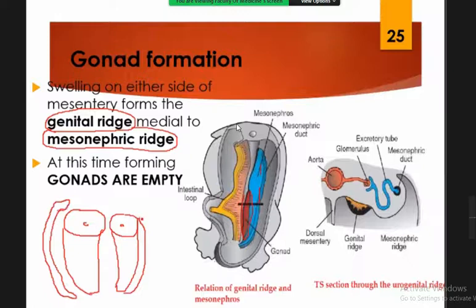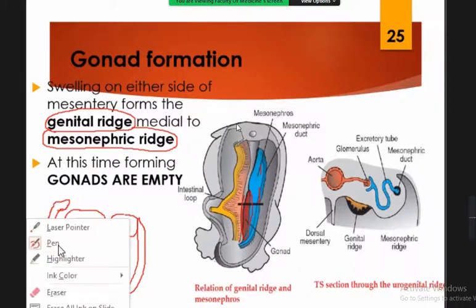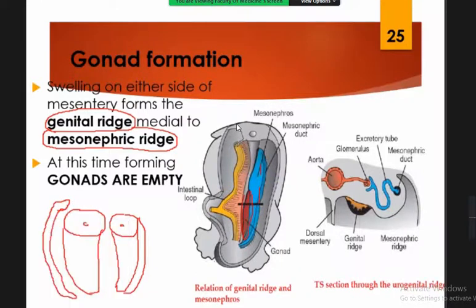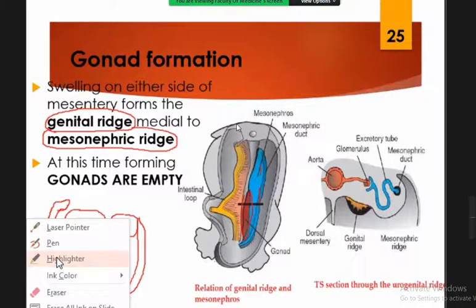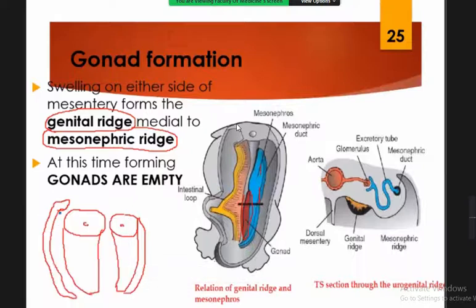Actually, the duct lies lateral to, yes, sorry, this is taking a bit of time, but I want to draw this because someone yesterday was asking about this. So, medial to this duct, there is another duct here in blue.